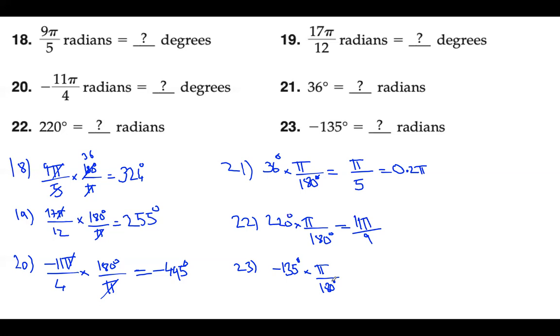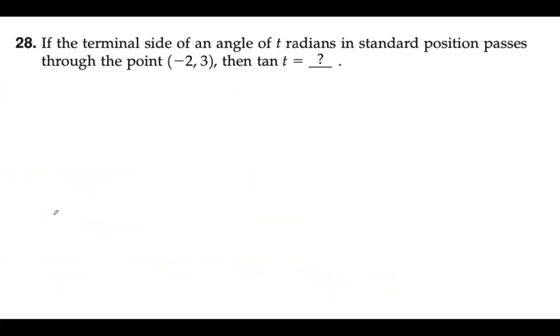Negative 0.75. If you make it a fraction, negative 3 pi over 4. When you calculate these numbers, do not use pi. Just write the number parts. Then you can add the pi by yourself. Okay, I think these questions are clear. Now the other questions, let's solve them.